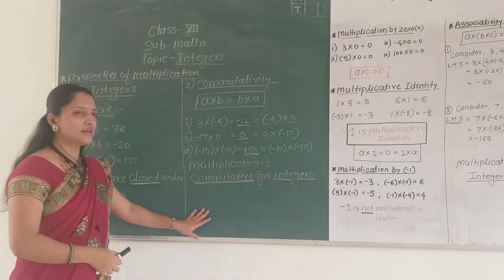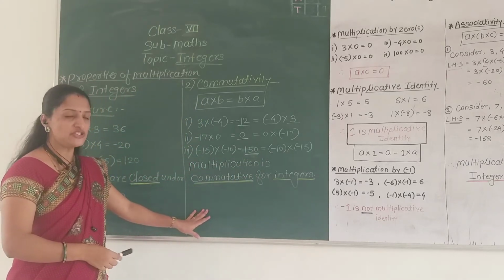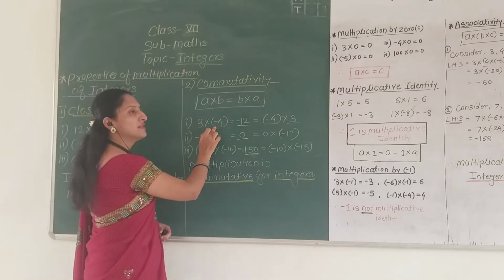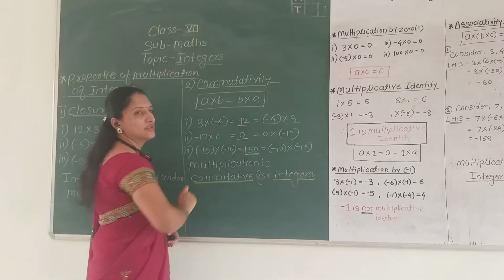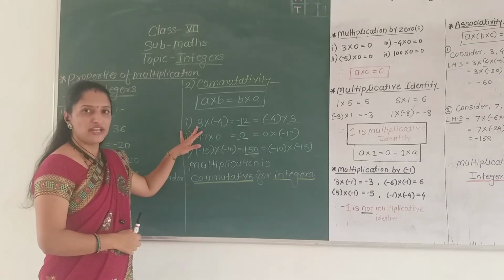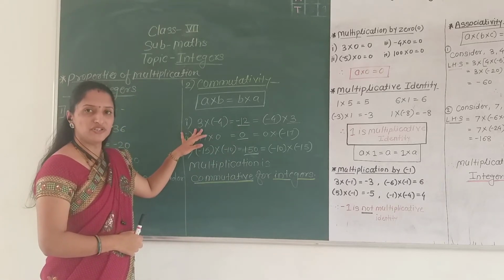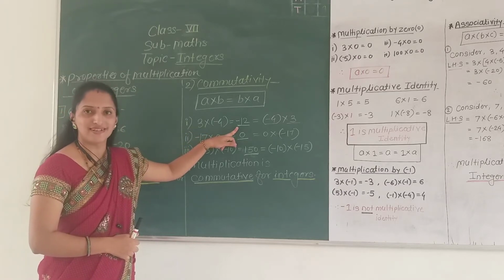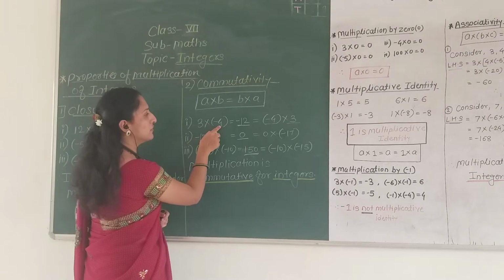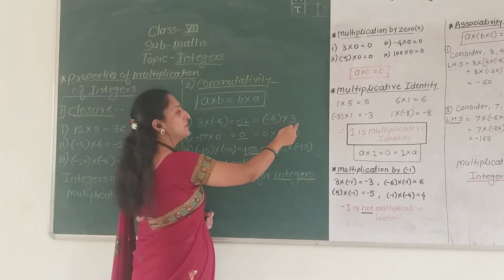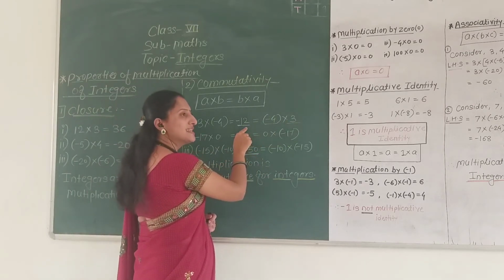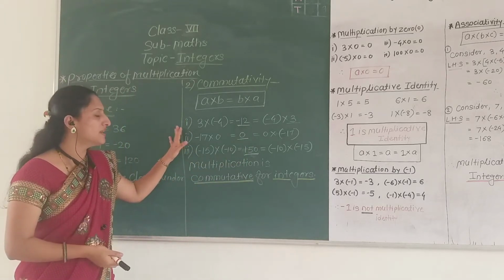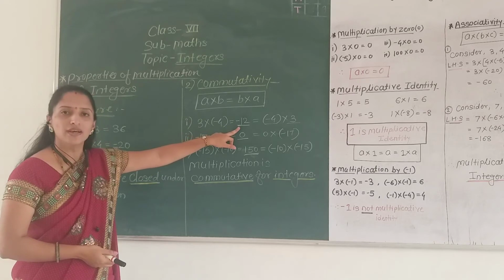What does this show here? If I change the order of integers in a product, it does not affect the answer. Here 3 into negative 4 and negative 4 into 3, both the answers are the same.